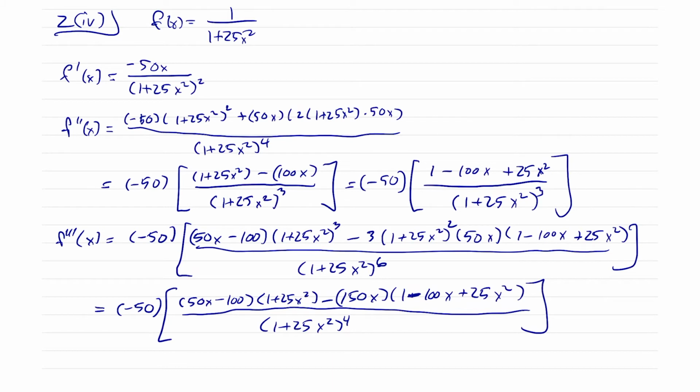The next 2 there should be some order. It might be a really big order, and so you need to use a computer to find those. And the next one is 1 over 1 plus 25x squared. I don't know if you'll be able to find that order or not, but we can go ahead and see if we can, and if we can, hey, we'll throw a little party.